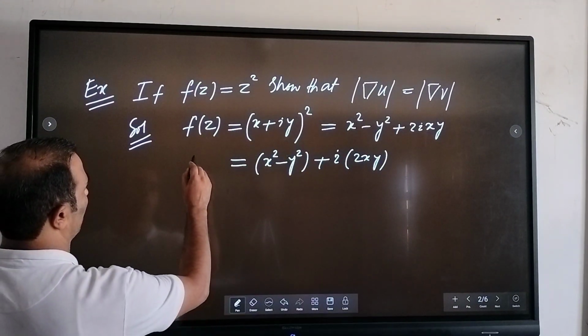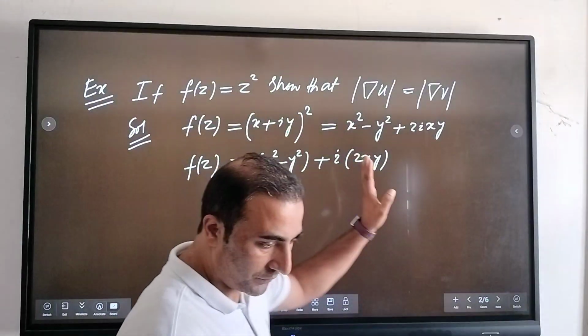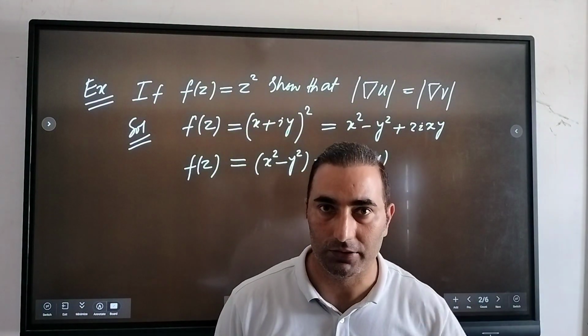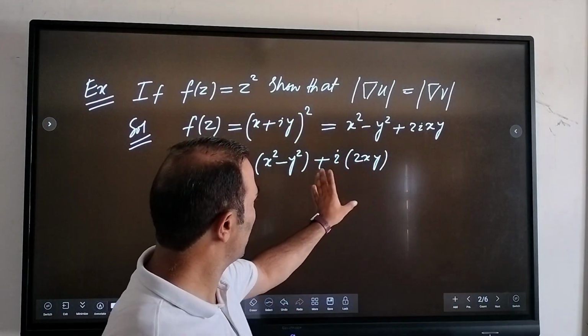This is our f of z, because if this is our complex number, you can write x plus iota y, and this is equal to this.